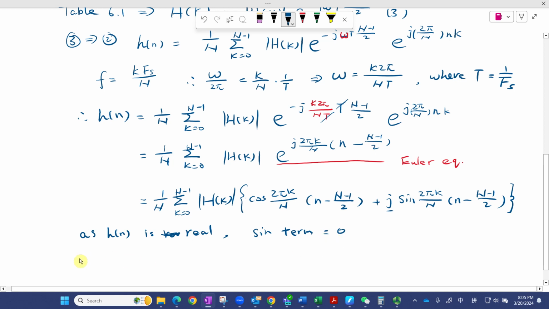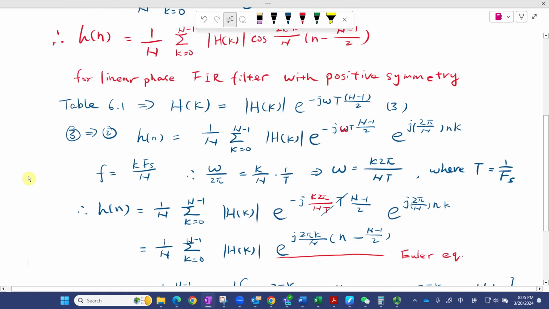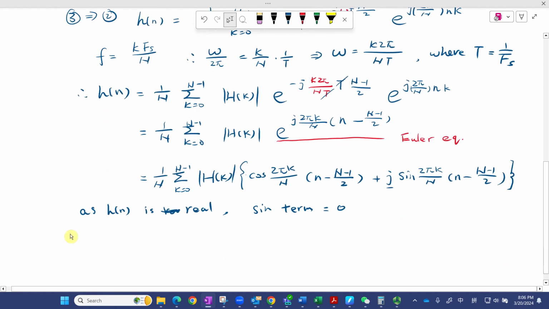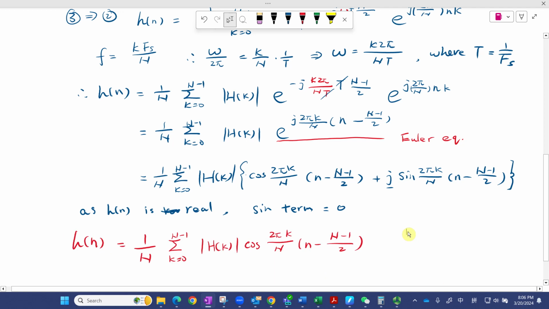So we just proved it. Let me copy down what we got here. This is where you get the equation from the textbook or from the slides. So here we go.